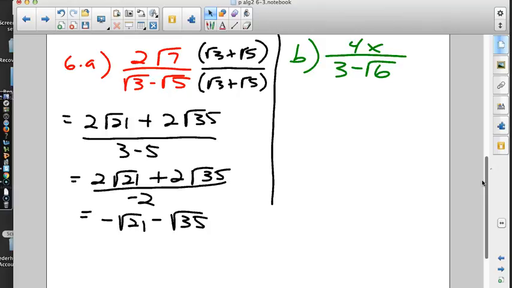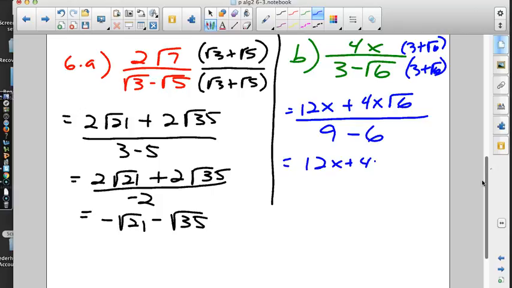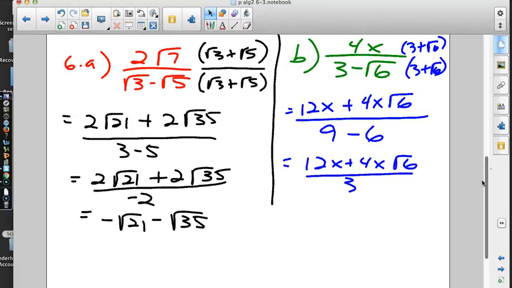When you get here, generally people get a little bit uncomfortable because they're like, am I supposed to take this further or not?